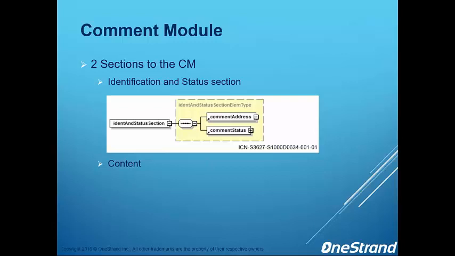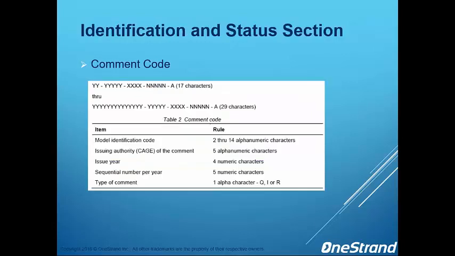If we go into that ID status block, the first thing we need to do is give it an identification. It's got to have its own code. This is straight out of the spec. This is the numbering process that you put in for your identification. It's going to use the model identification code.